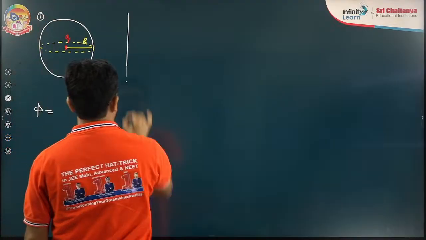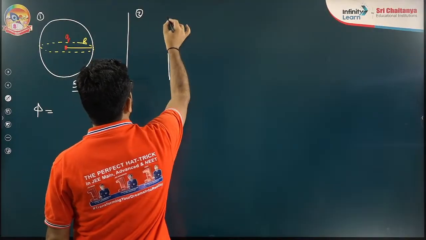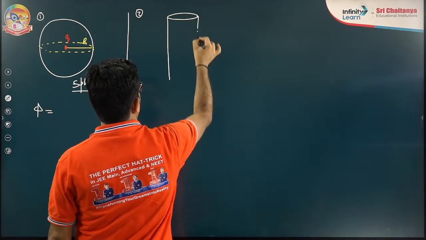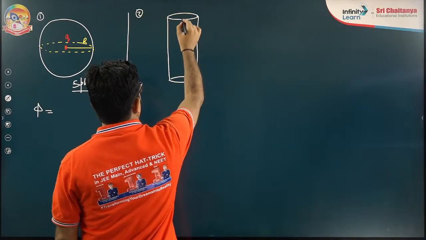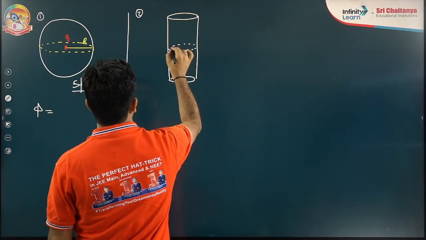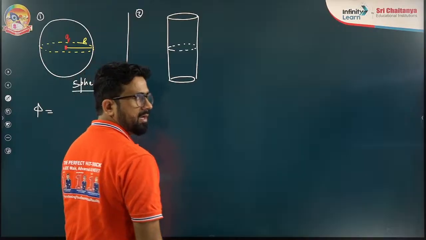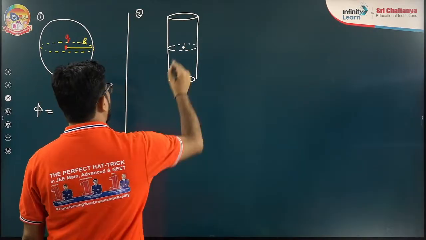Okay. Now I am giving the second question. The other one is a cylinder, beta. For your understanding, I am drawing this as a 2D picture of a 3D body. At the midpoint here, one charge Q is placed.